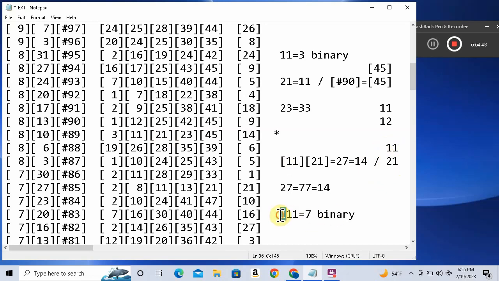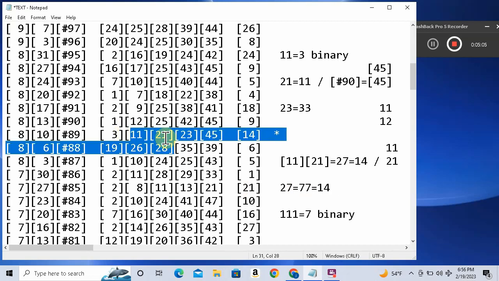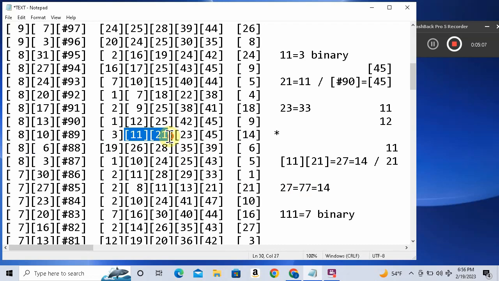You see 111 right there? That's equal to 7. And so when it links to a 2, it creates 27. Now the 27 carries the statement 2 7s, which is 7 7, and 7 plus 7 is equal to 14. So this number right here is equal to this 14. So you can see how all these numbers are interrelated to each other through the sequences here.